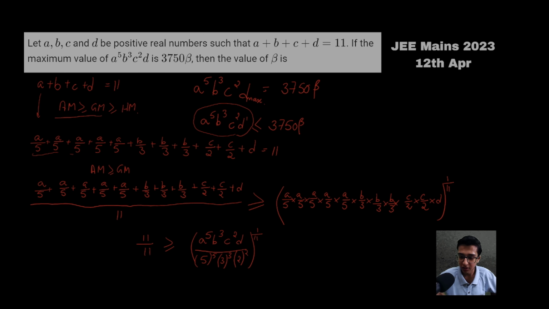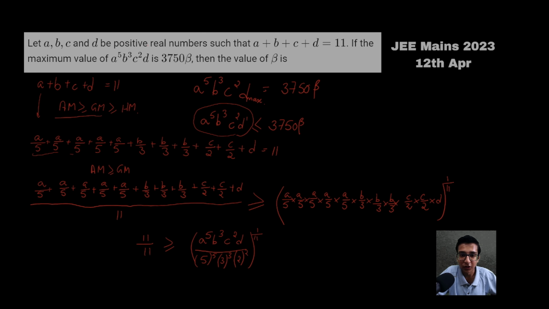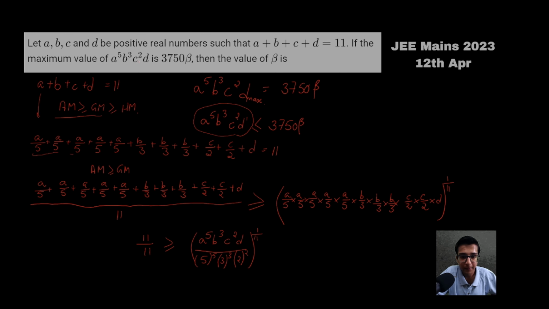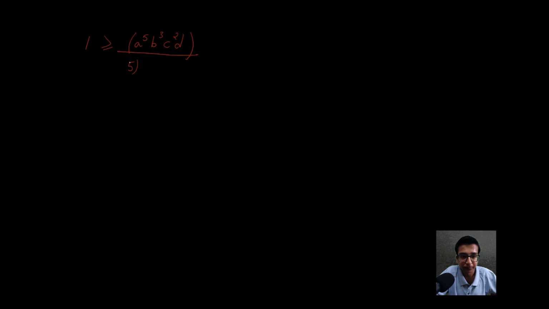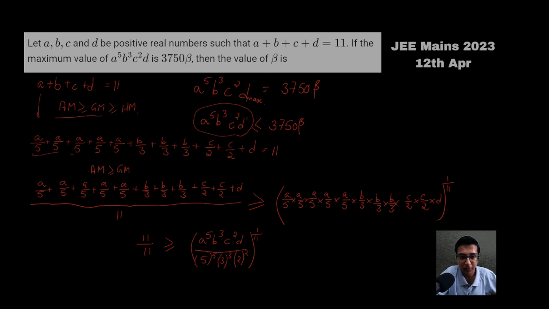Let's take it to the next page. So this would now be 1 is greater than equal to the value that was given to us, to the power 1 by 11.